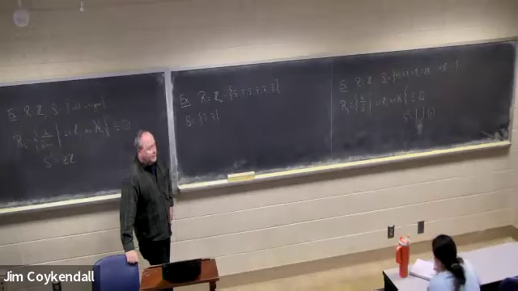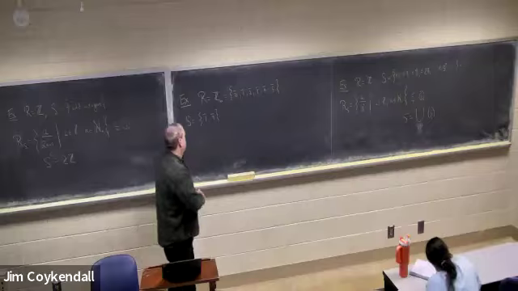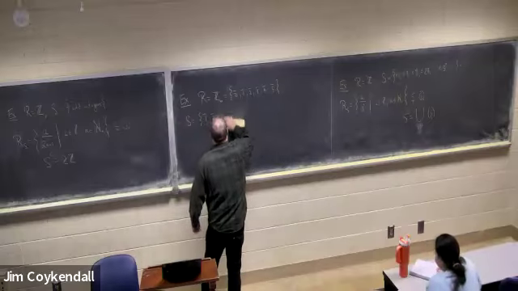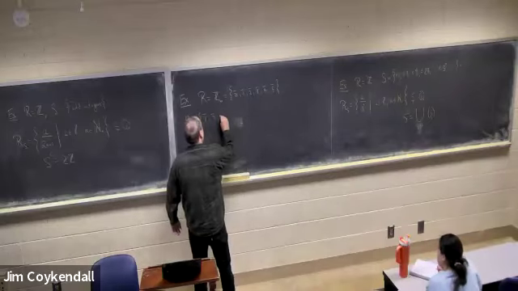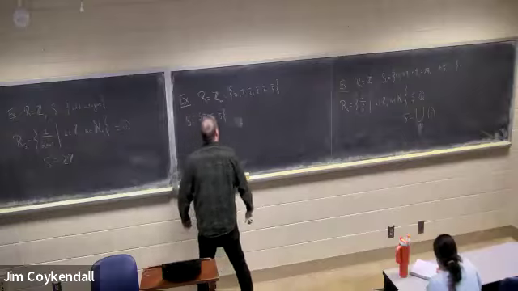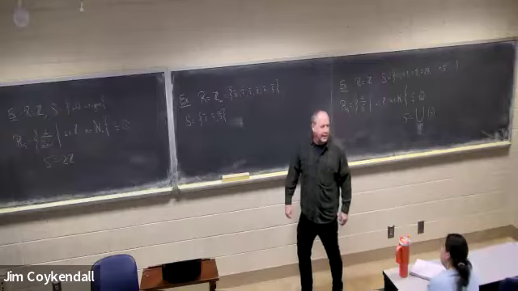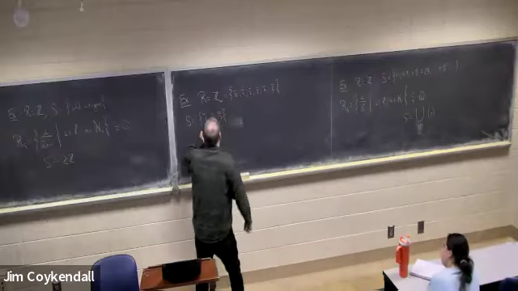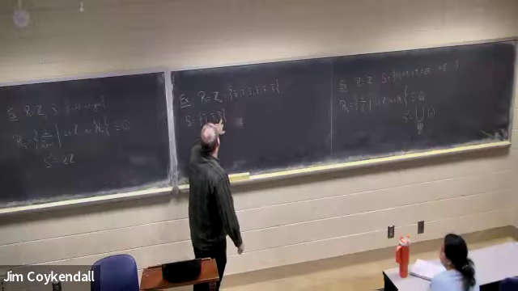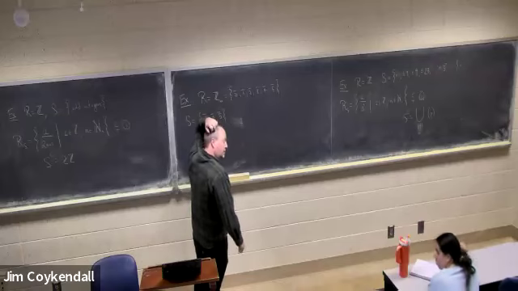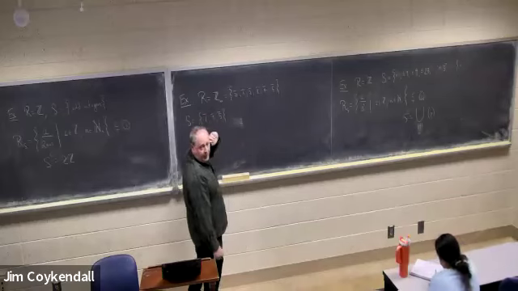You can check, this is a multiplicatively closed set. One is in there. 5 times 5 is 1. 5 times 3 is 3. 3 times 3 is 3.